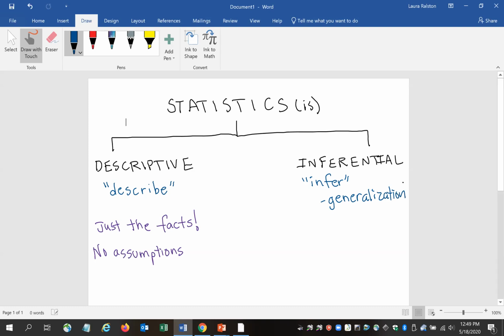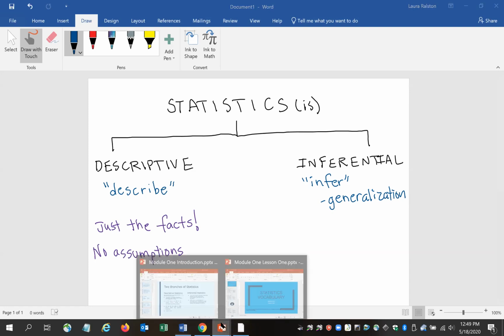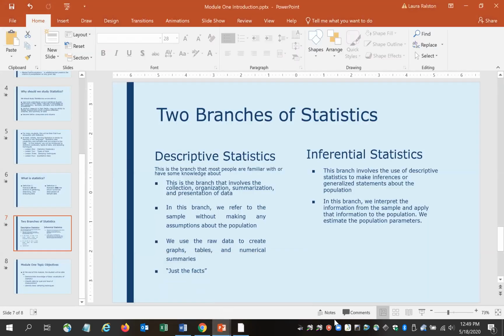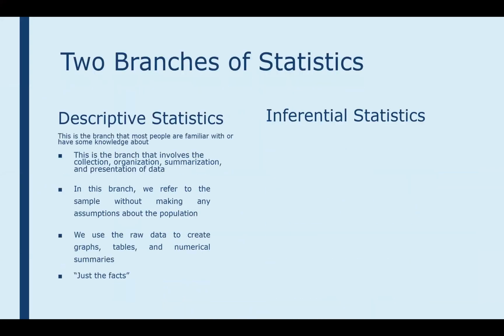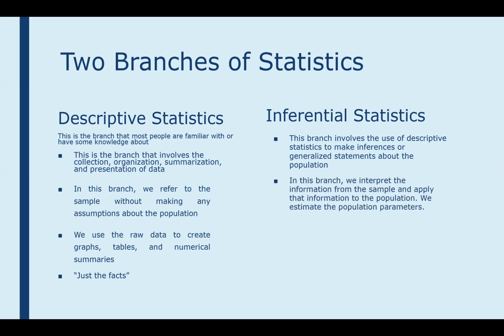So inferential statistics is the branch where we begin to interpret or to make some assumptions. It's where we take what we know and then apply it back to a larger group. We're making some general statements about the population.